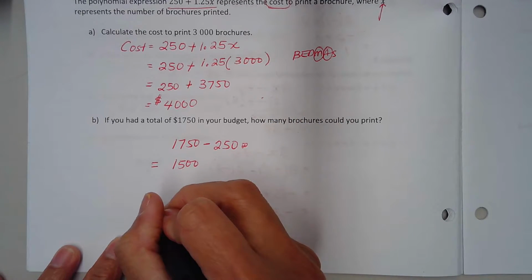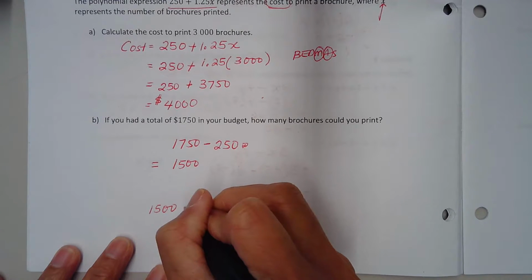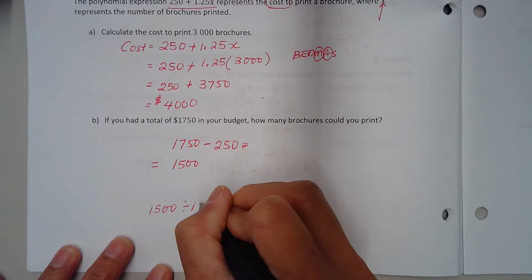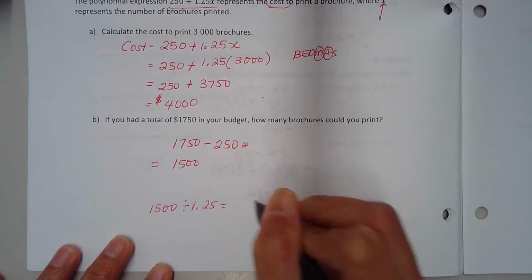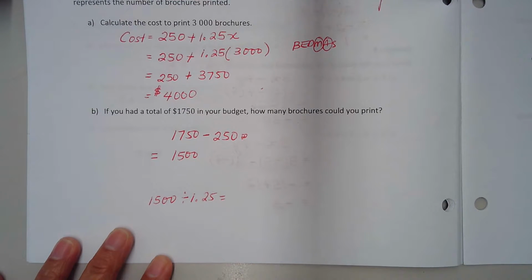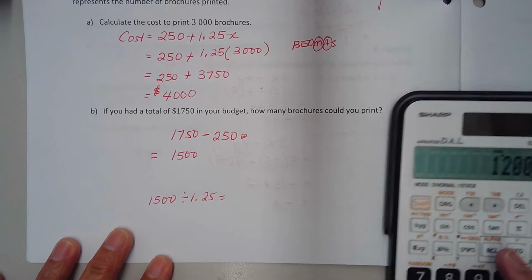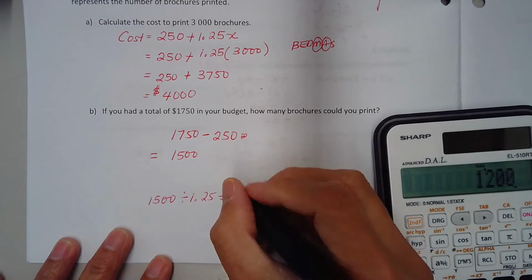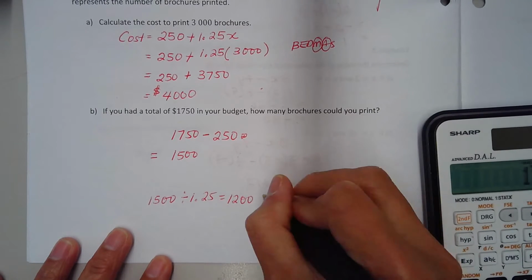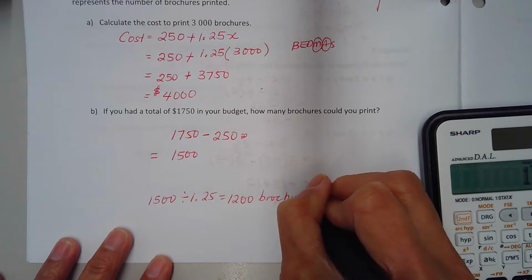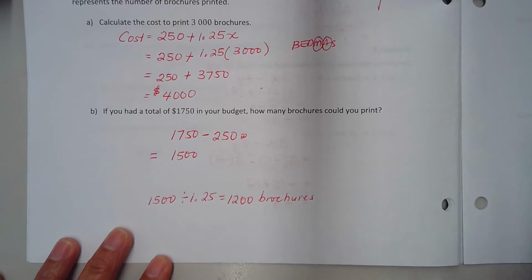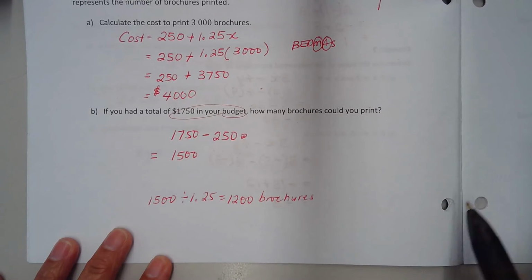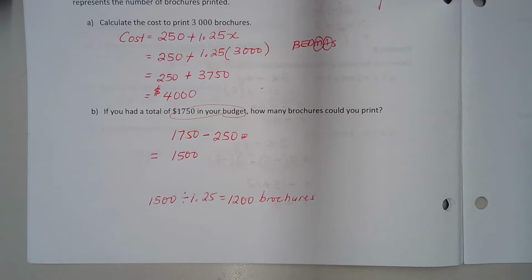So 1500 divided by 1.25, and I'm going to get 1200 brochures. So they tell us the cost. We're trying to work backwards to figure out how many brochures that was.